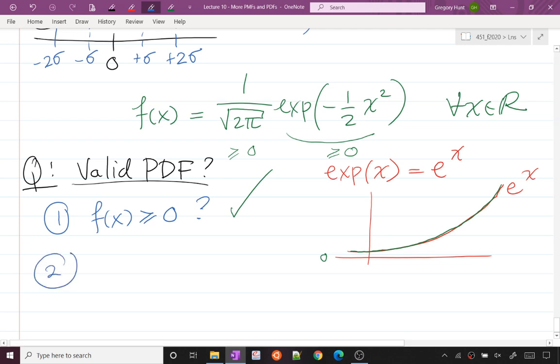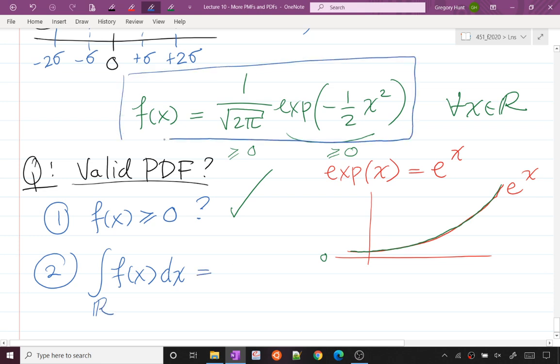The harder thing to check is the integral. You could write it with t, you could write it with x, doesn't really matter. Over all real numbers, if I integrate this bad boy over all real numbers, do I get 1? So that's the problem we're going to look at.